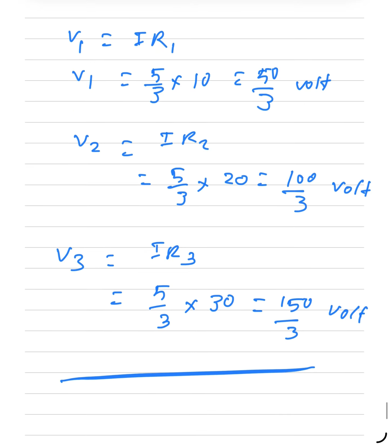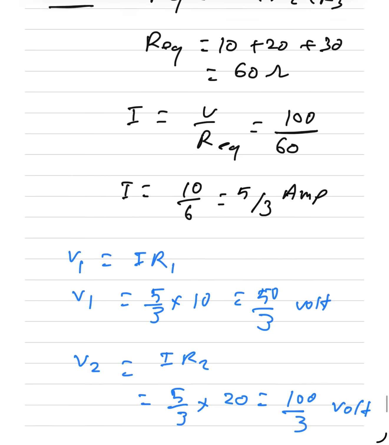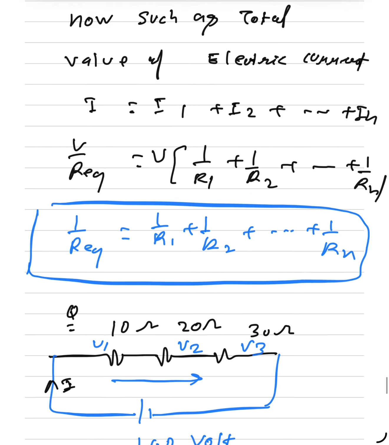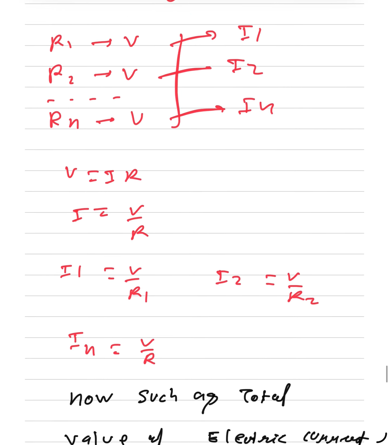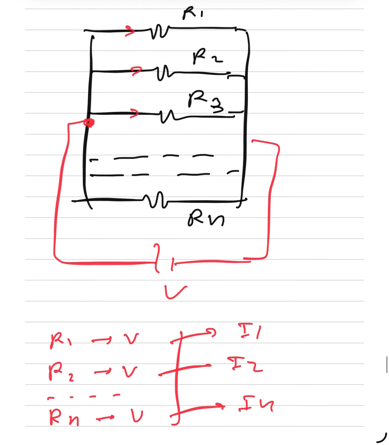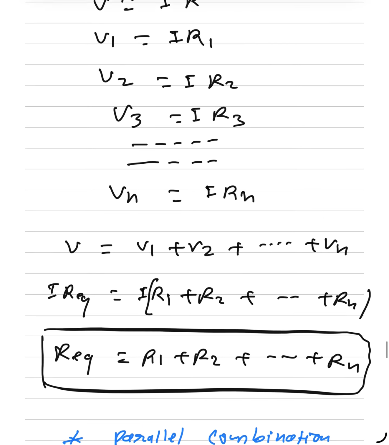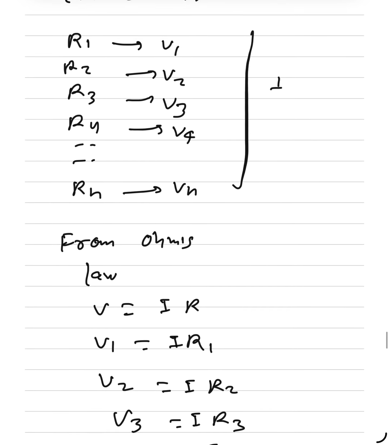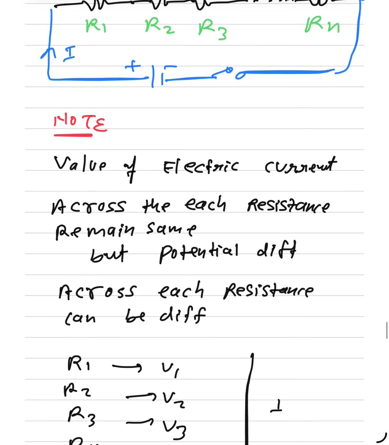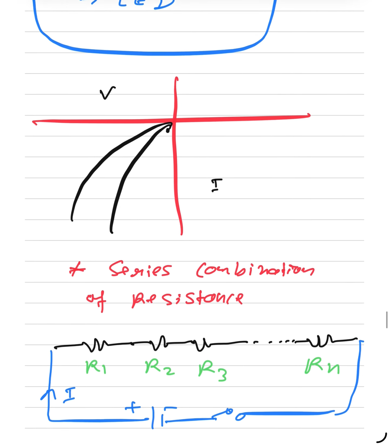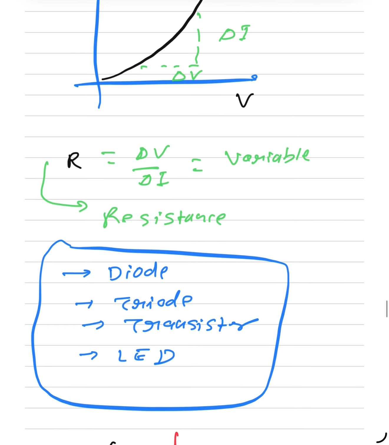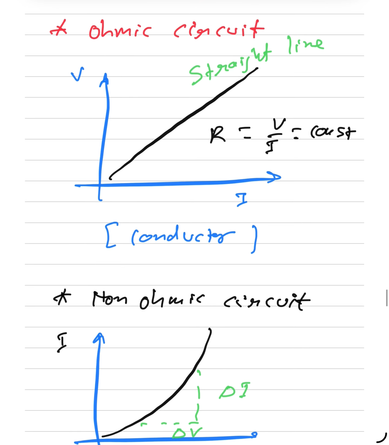This is the basic concept about this topic, and here we discussed the most important concepts about current electricity: drift velocity, resistance combinations, the basic concept of Ohm's law, drift velocity, and electric current, the rate of flow of charge, and here we discussed the major points about current electricity.